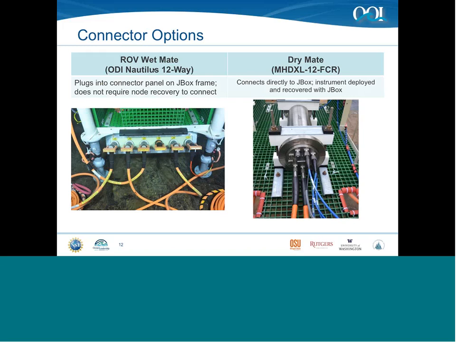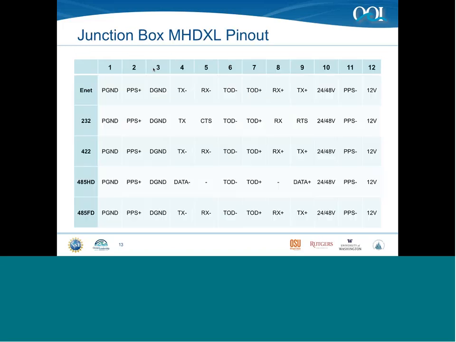It is possible to do dry mates to the junction box, but again, that instrument would then be deployed with the junction box and would not be recovered until the junction box itself is recovered. Okay, fine. Standard 12-pin connections, the MHDXL is the Impulse connector, and so we support pinouts for each of the different interface options.